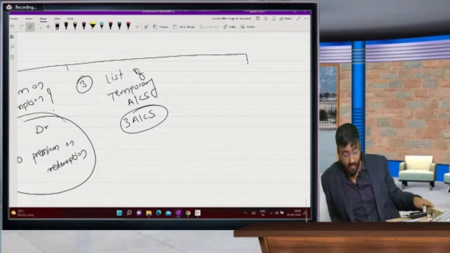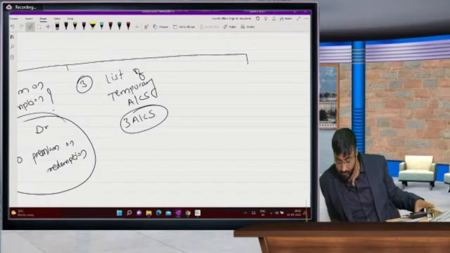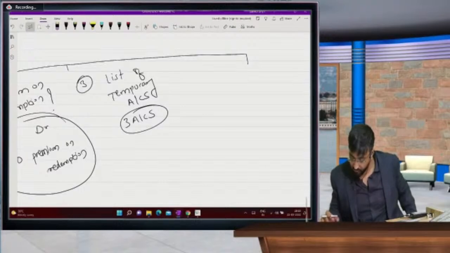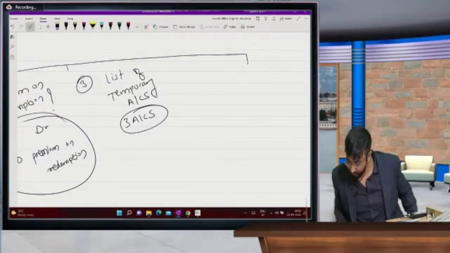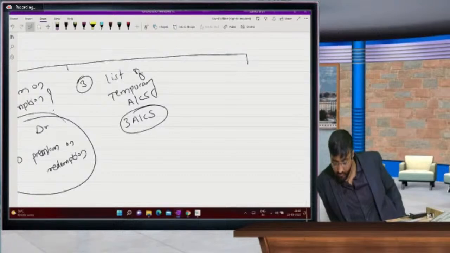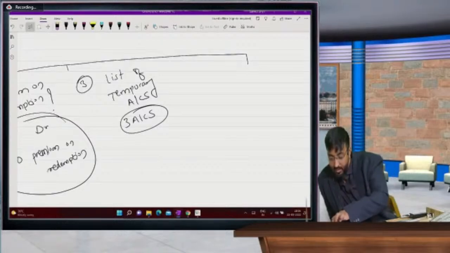Which are temporary accounts? वाह साहिल जी वाह.